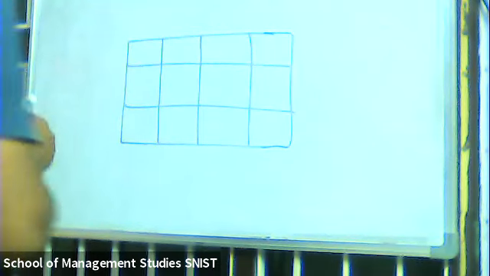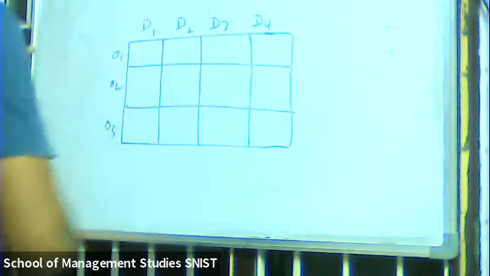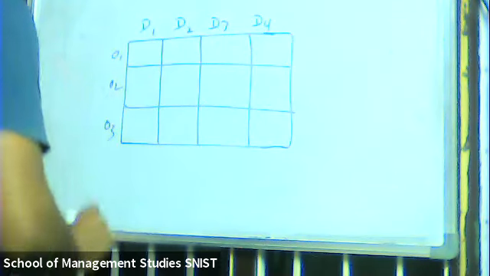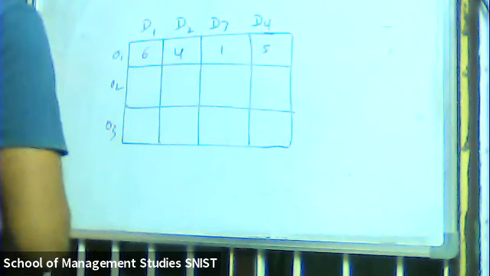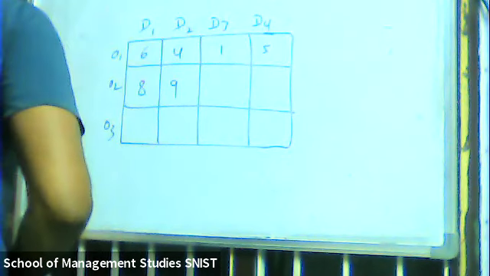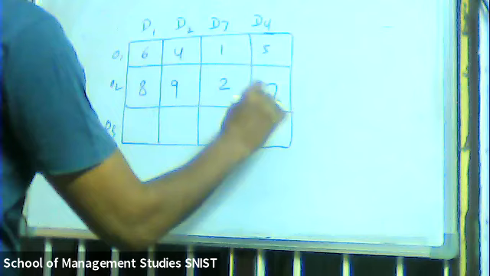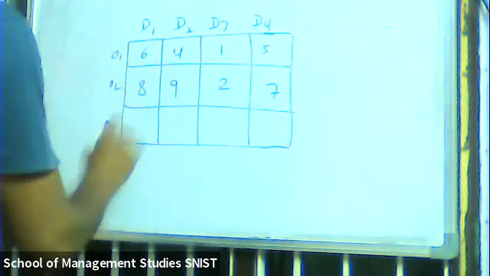This is origin 1, origin 2, origin 3, and this is distribution point 1, distribution point 2, distribution point 3, distribution point 4. Now we have values here: 6, 4, 1, 5, then 8, 9, 2, 7, and 4, 3, 6, 2.